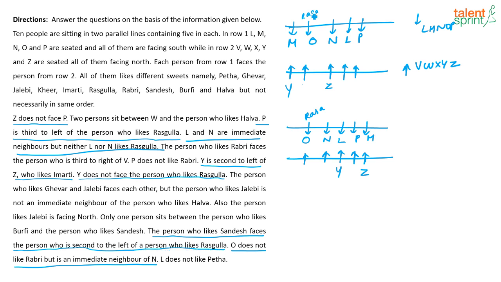So if this is rasgulla, second to the left is this. So this has to be sandesh, correct? So in this case, this is sandesh, this person Y. Okay, here this is sandesh.